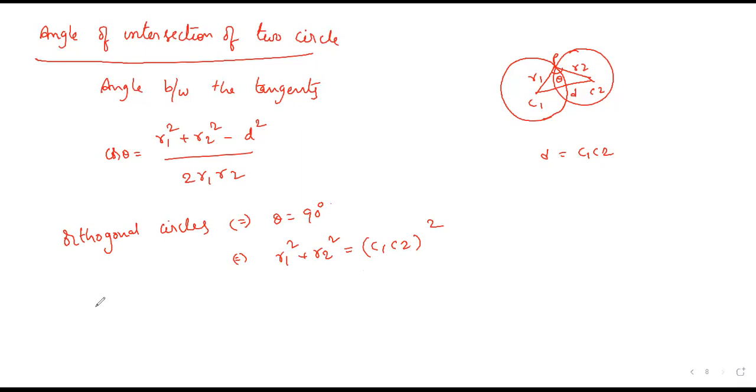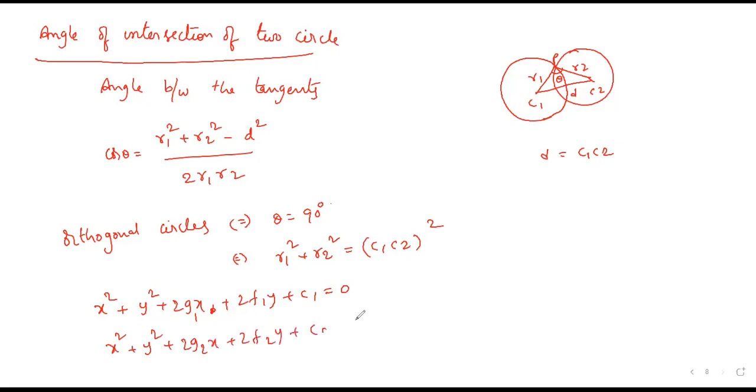And suppose you take the circles in general form: x square plus y square plus 2g1x plus 2f1y plus c1 equal to 0 is one circle, and the second circle is x square plus y square plus 2g2x plus 2f2y plus c2 equal to 0.